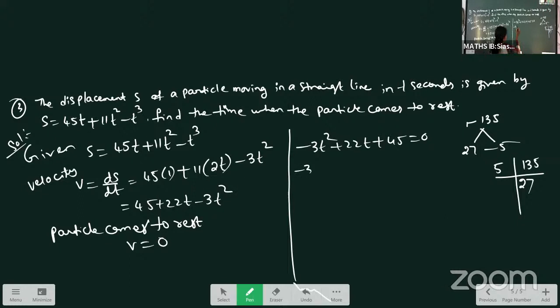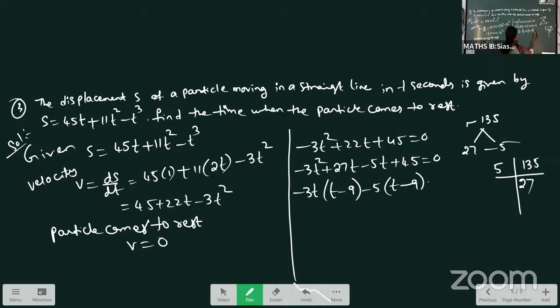So minus 3t square plus 27t minus 5t plus 45 is equal to 0. Take minus 3t common, t minus 9. Take minus 5 common in the next two terms, t minus 9 is equal to 0. So again, t minus 9 into minus 3t minus 5 is equal to 0.